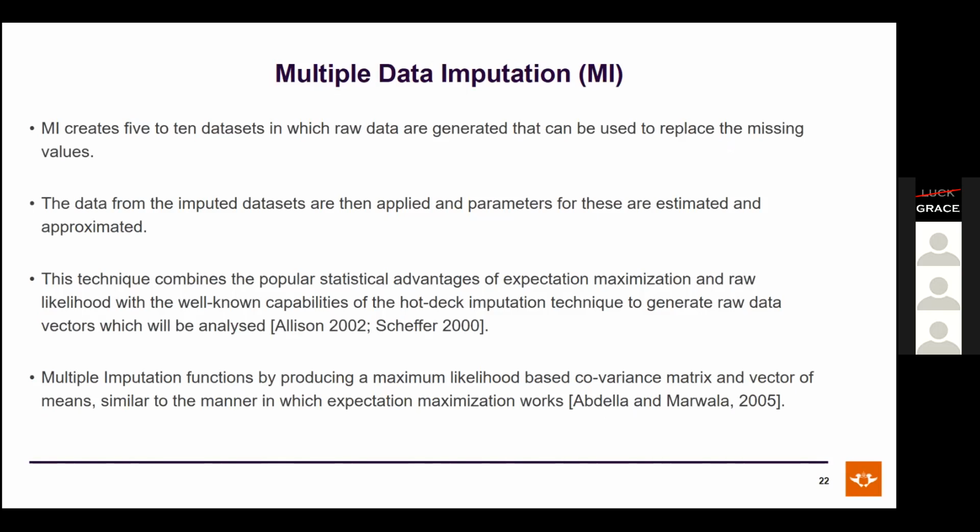So basically, we create several data sets in which the missing data are generated that can be used to replace this missing information. The data from the imputed data sets are then applied, and parameters are estimated and approximated based on that. Now we don't just have one imputed value, we have multiple.